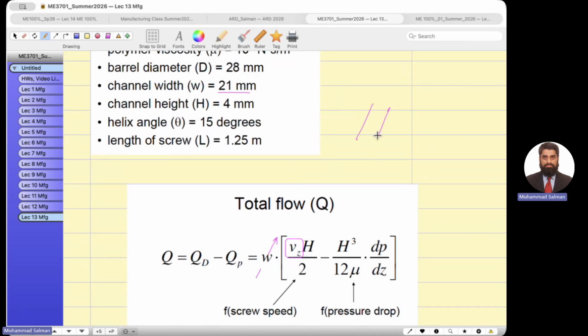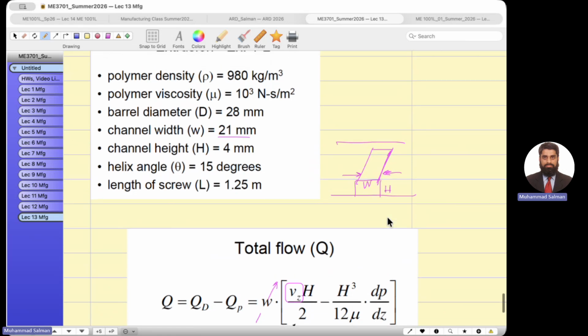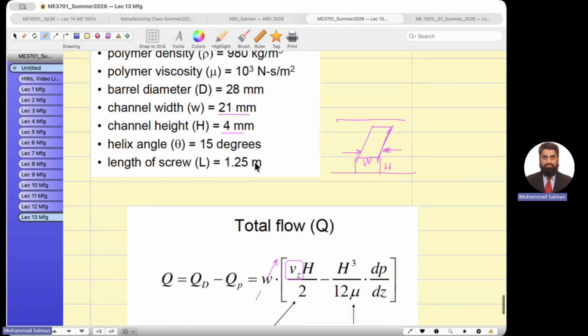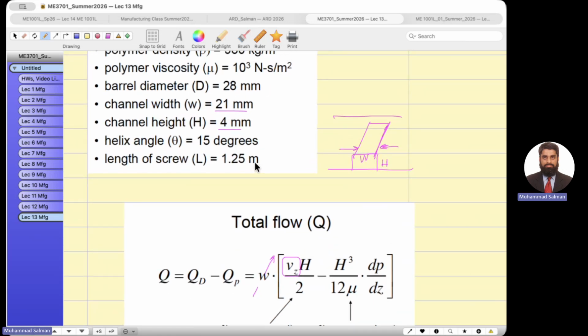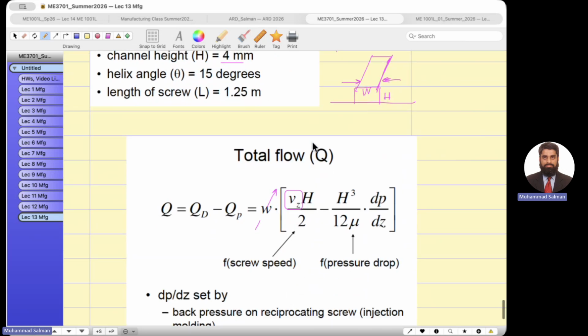So if this is my helix, this is the width, and this is the barrel. The height of the channel is this much. You see my point, guys? This is the height, and the height is smaller, which is 4 millimeter. It is between the screw and the barrel inner surface.